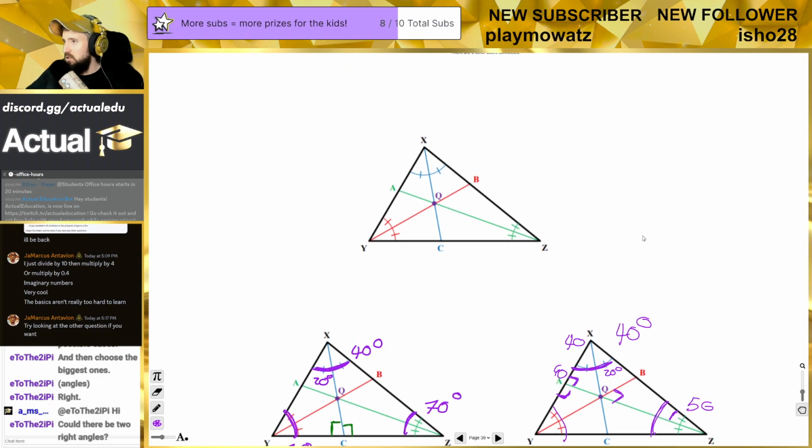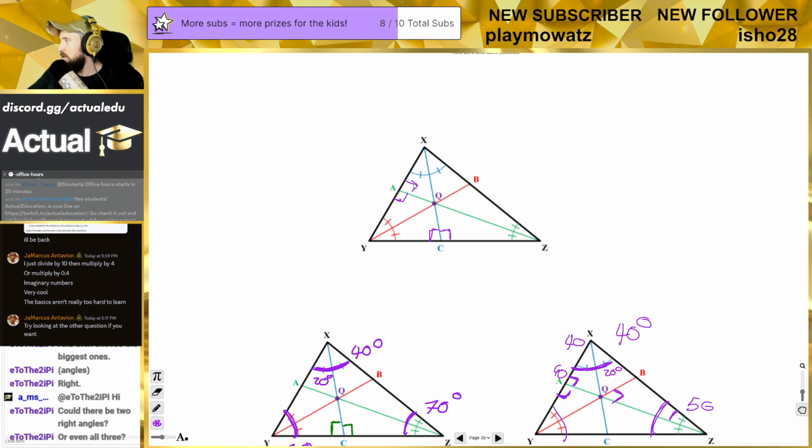I don't think there can be two right angles, right? Because if this one's a right angle and this one's a right angle, and let's say this is also a right angle, or even all three, I don't think you can. Not with one of these being 40, right? Because if this is 40 and this is 90, that means this has to be 50.